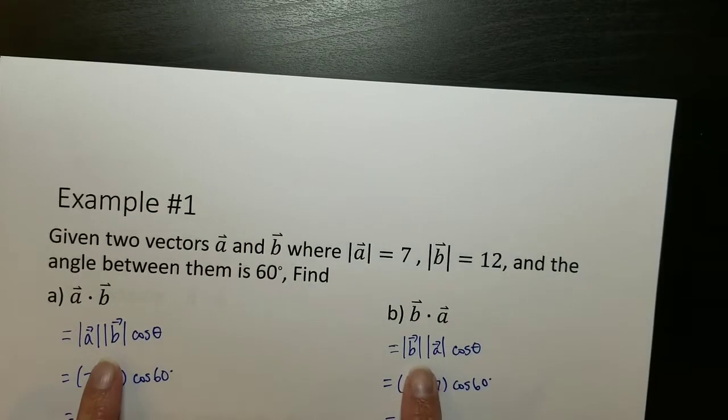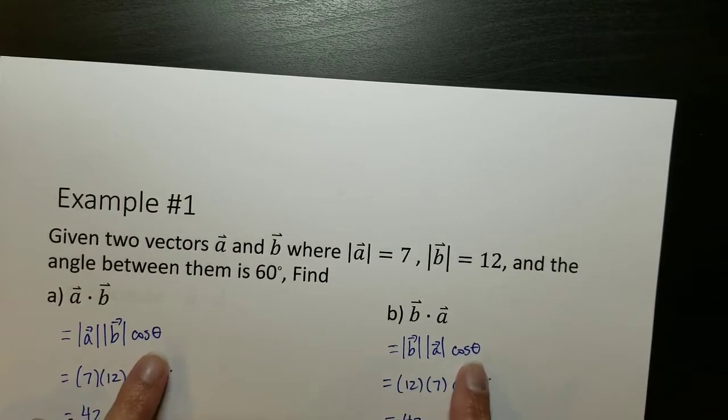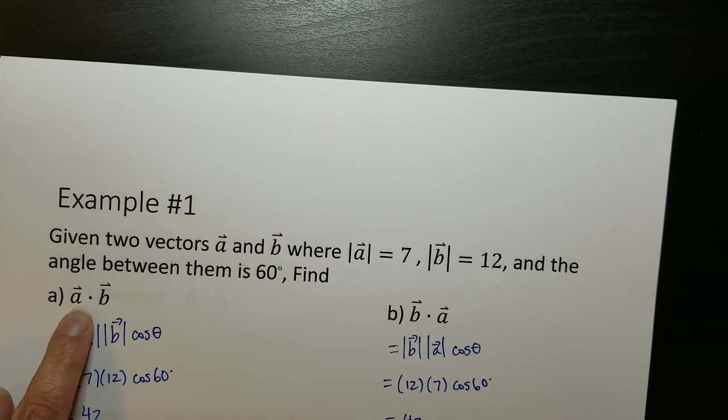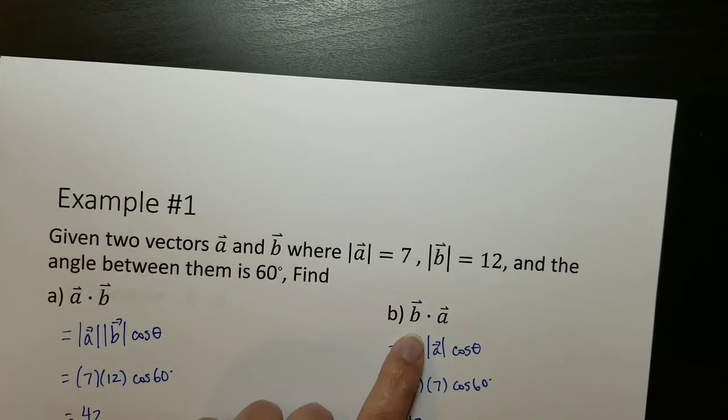Looking at these two, we can see right away that this is two things multiplied times the cos theta. The order does not matter there. So this is an indication that the dot product is what's called commutative. The order doesn't matter.